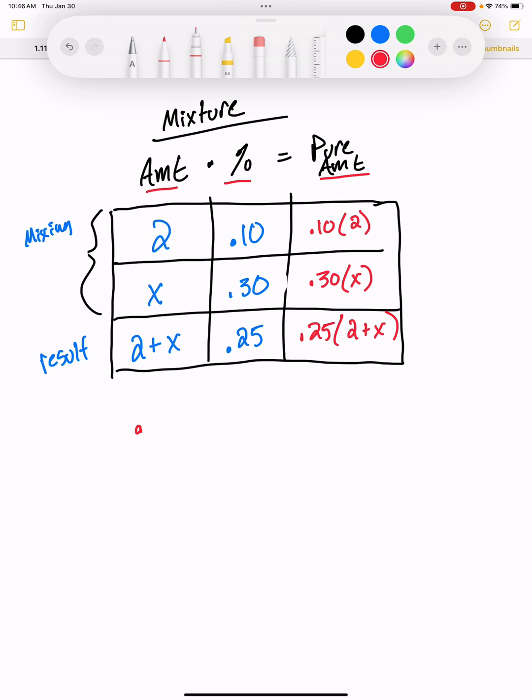So 0.10 times 2 plus 0.30 times x is equal to 0.25 times 2 plus x.